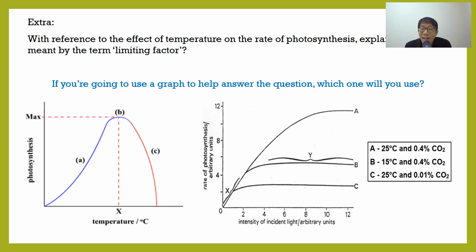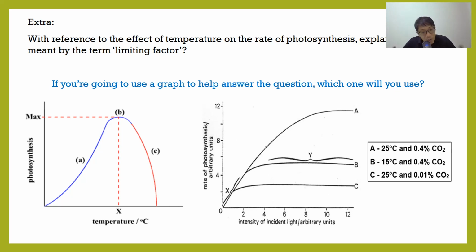So the answer to this question would actually require this graph instead, the one on the right, to compare all the different limiting factors, to explain when temperature is the most significant.